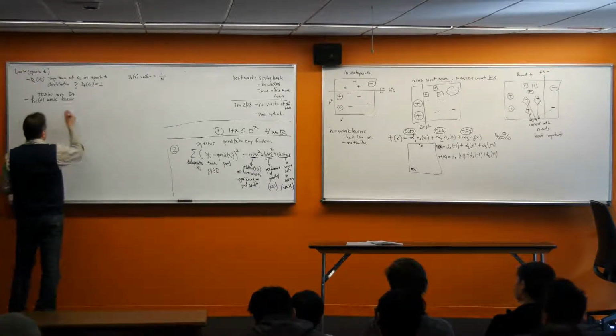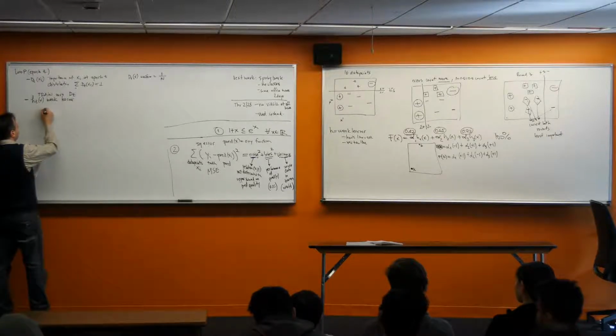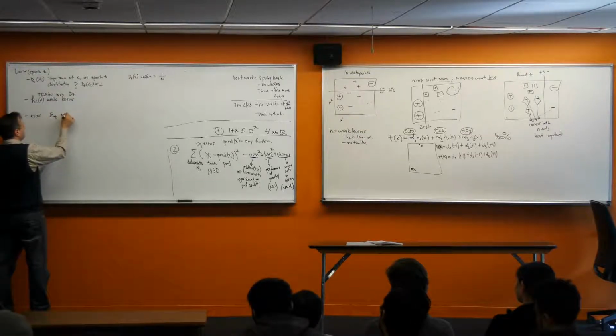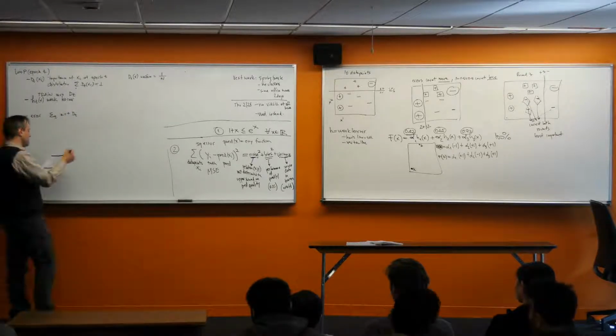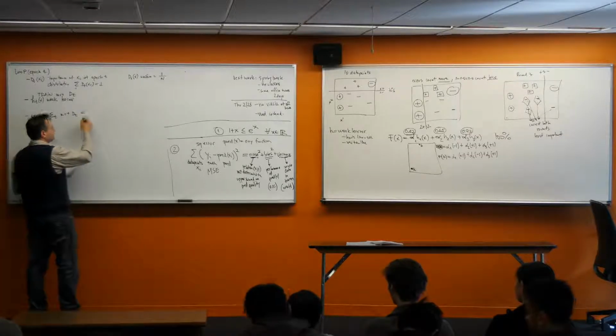So with respect to dt, that means my error, say epsilon t, is with respect to dt. Let's do accuracy.